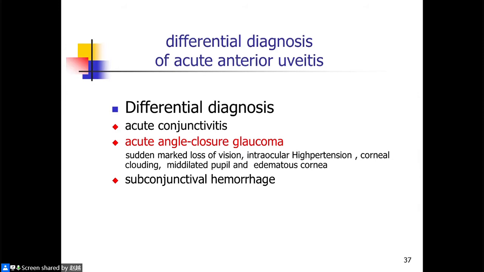The differential diagnosis with acute angle closure glaucoma is the key content. Acute angle closure glaucoma is characterized by sudden marked loss of vision, intraocular hypertension, corneal clouding, mutilated pupil and edematous cornea.